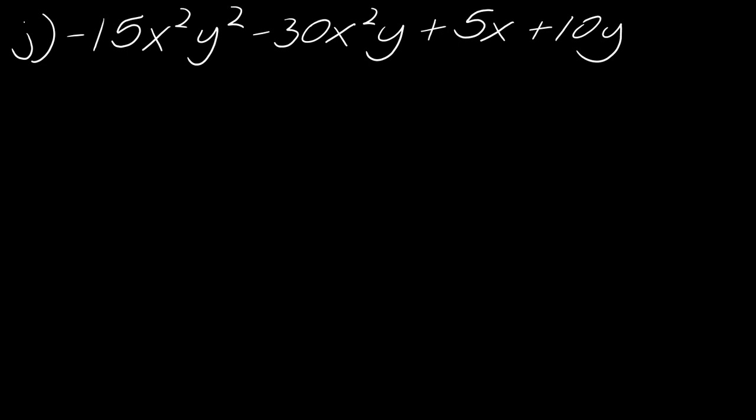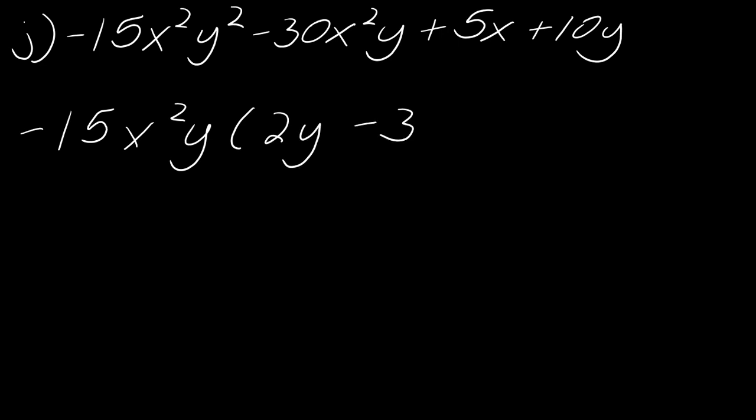Okay, and finally for this last one, I've got negative 15x squared y squared minus 30x squared y plus 5x plus 10y. Out of the first two terms, it looks like I can factor out minus 15x squared y, so that this will be 2y plus 3, right? So I factored out a minus 15, so both of these have to become positive.